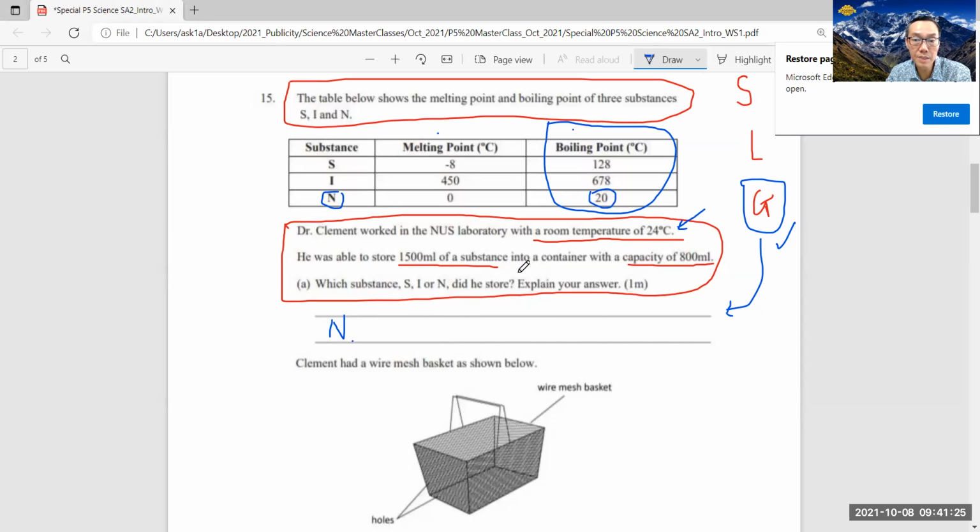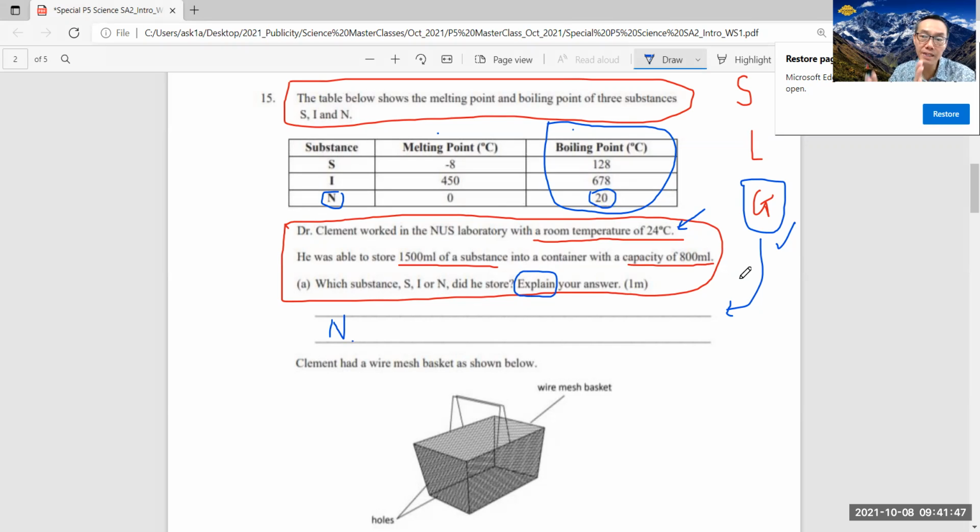Then is a, can you see the word explain here? So this one you must give reason. So you should say that at 24 degrees Celsius, substance N will become a gas because its boiling point is 20 degrees Celsius. And one more thing, if you stop there, you only get 1 mark.